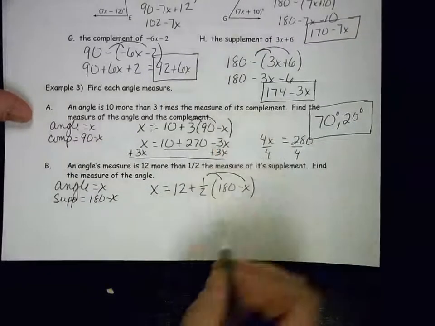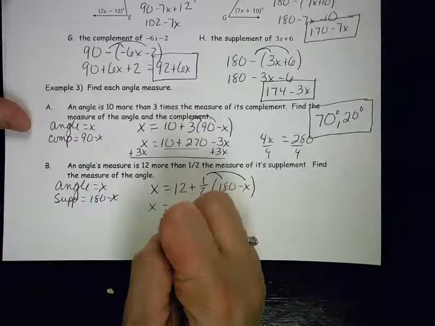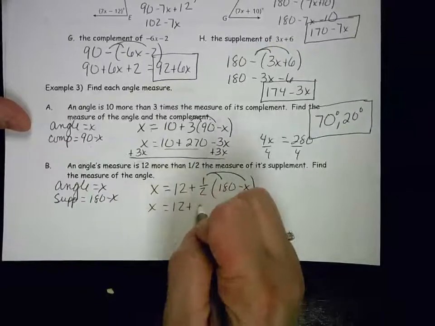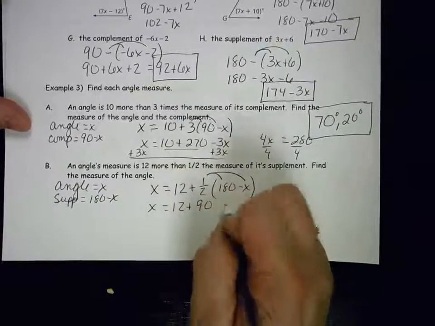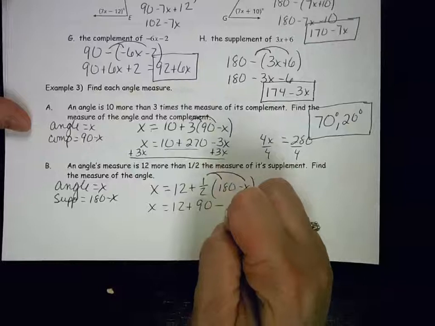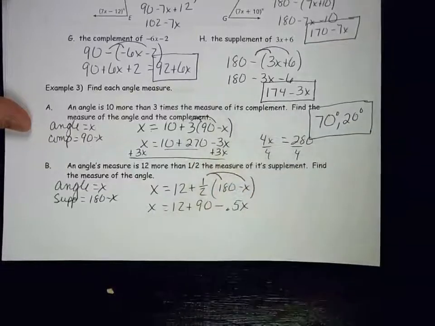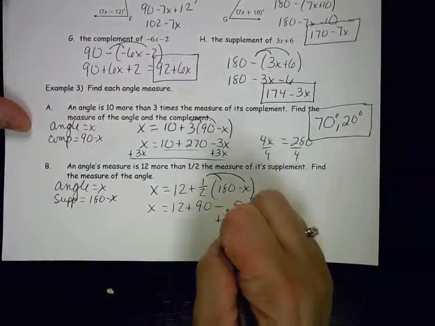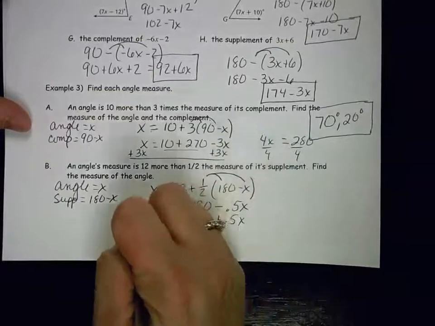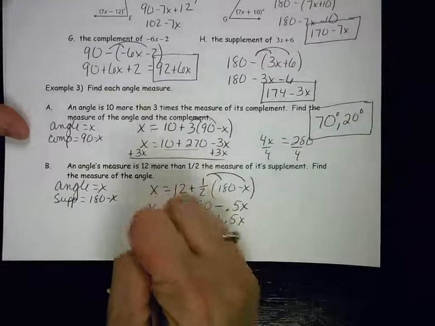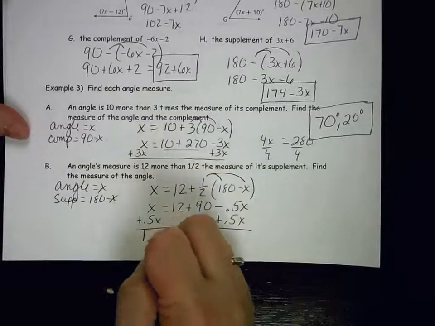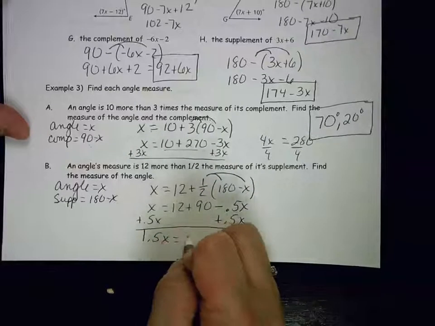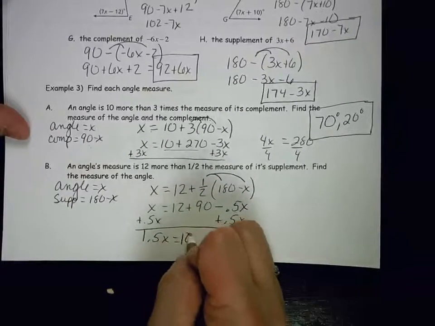Distributing, you will have x equals 12 plus 90 minus 0.5x. Change that 1/2 to a decimal. Add 0.5x to both sides, and you have 1.5x equals 102.